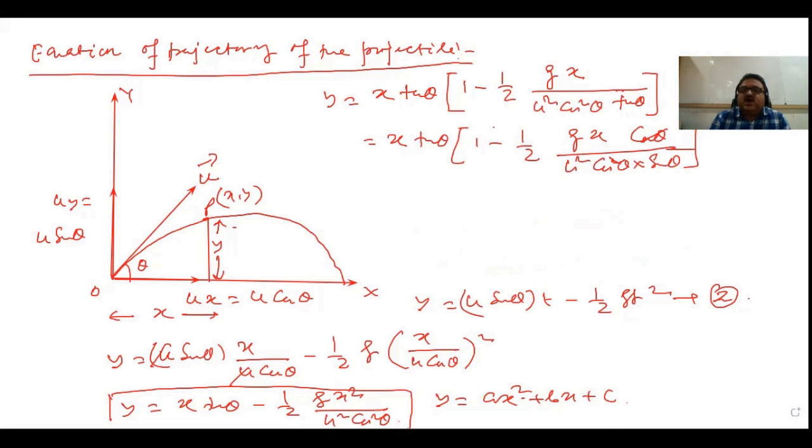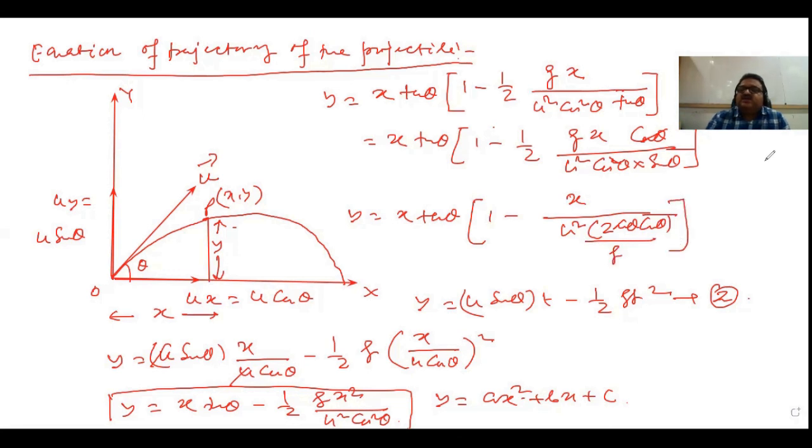So y equals x tan theta times 1 minus x by u square 2 sin theta cos theta by g.